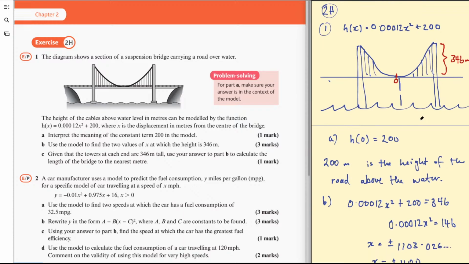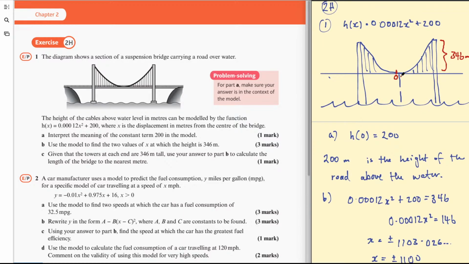And we found the value of x to the nearest meter, 1103. So that was in both directions, when the height is 346. It says calculate the length of the bridge. This was the bridge part.